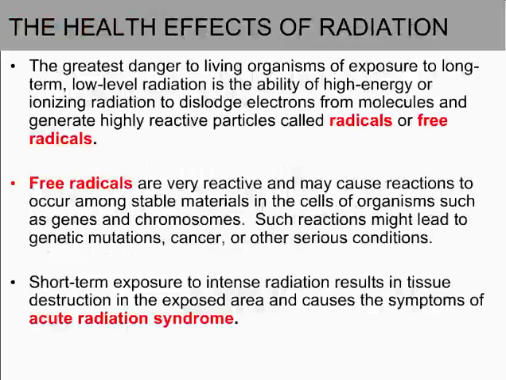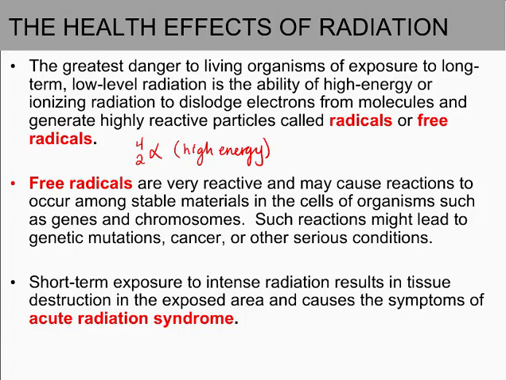So let's say that something goes through alpha decay. It produces an alpha particle. That alpha particle has a lot of energy. So if, let's say, we ingest that alpha particle, it could interact with atoms in our body and ionize them.